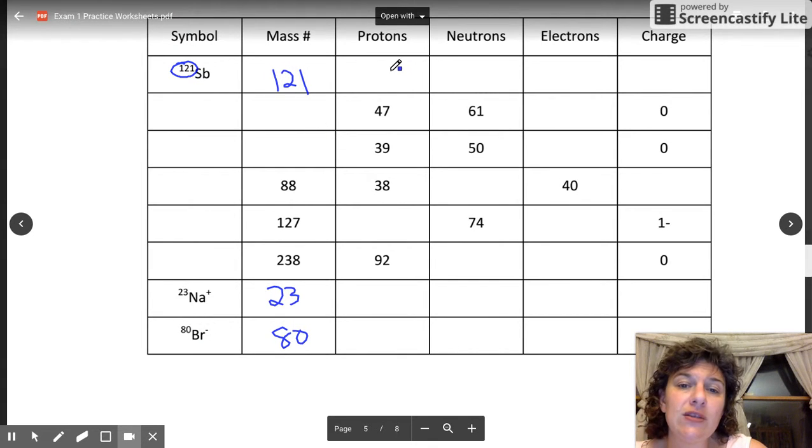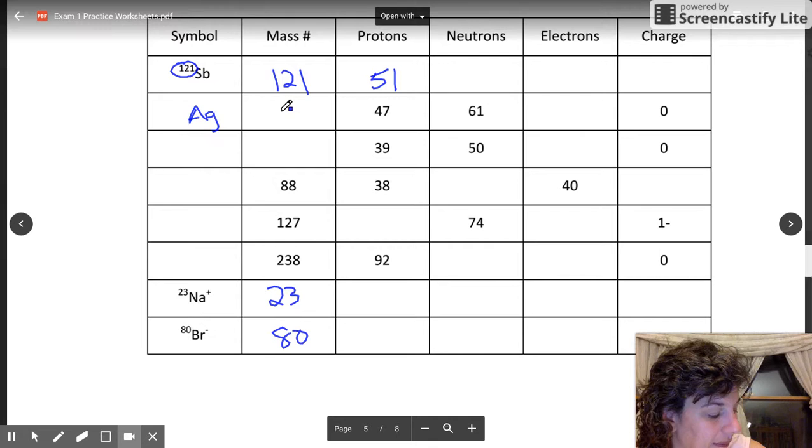Now, the number of protons we need to look at the periodic table for. So we see that antimony, which is Sb, has 51 protons. If we look at the periodic table, we can see that 47 protons is silver. That's Ag. Okay? Now we look at the periodic table with 39, that's yttrium.